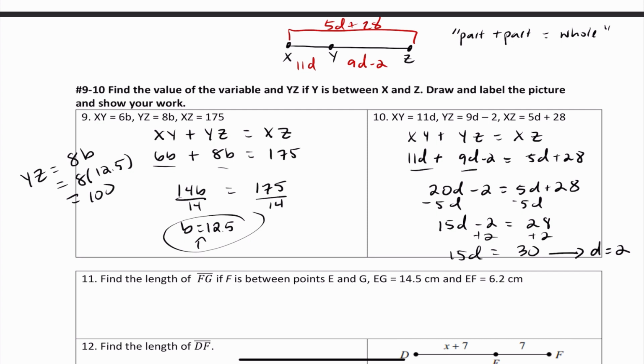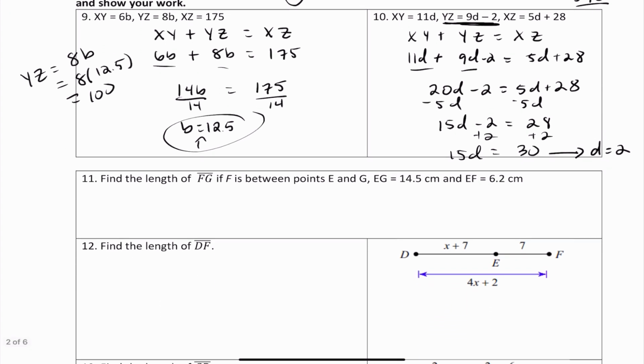Great. Again, I'm looking for the variable, which I already found. Now I'm going to figure out what yz is. So yz is this. I'm going to put it over here so I have enough room. So yz is equal to 9 times 2 minus 2, 18 minus 2. Golly, that is 16. So yz is 16 units long. Okay?